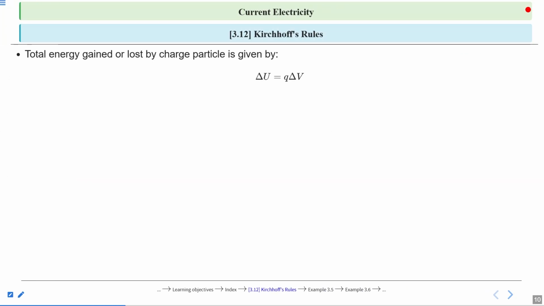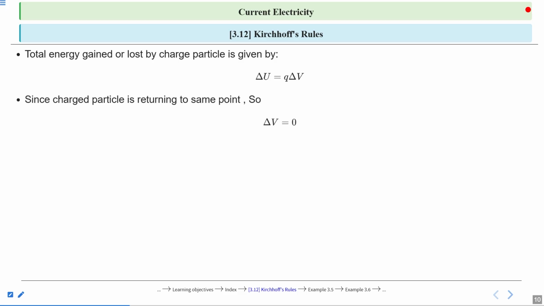The total energy gained or lost by a charged particle is given by delta U equal to Q into delta V. It is returning to the same potential again in a loop, because it starts from the battery and returns to the same battery.